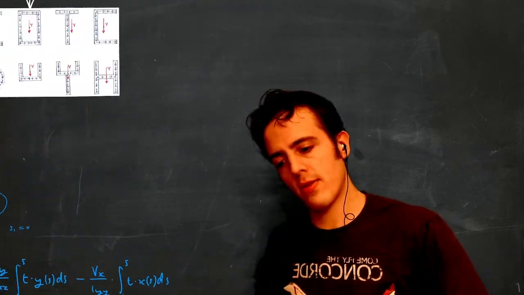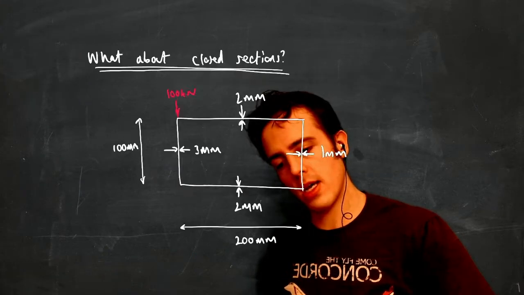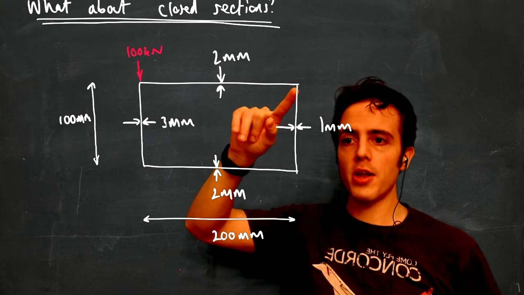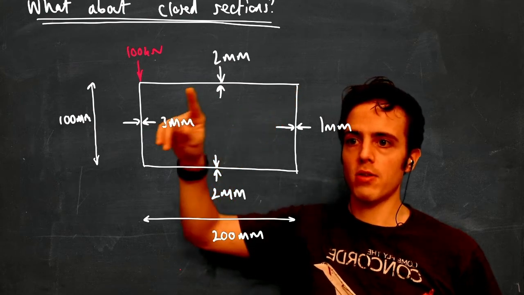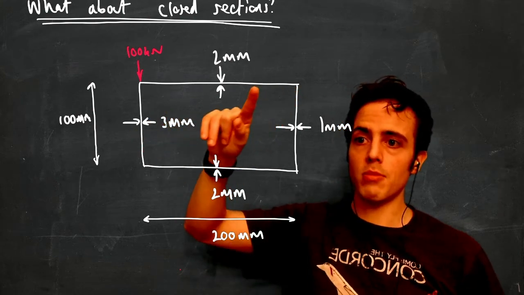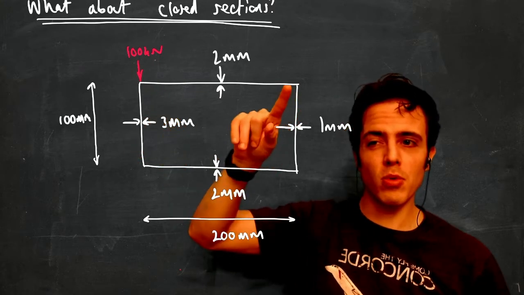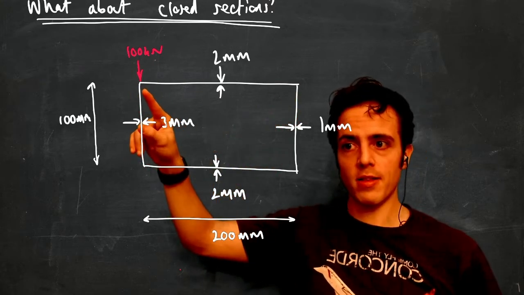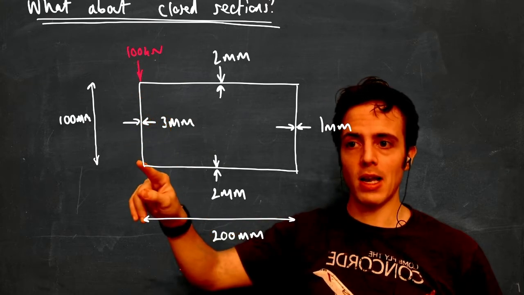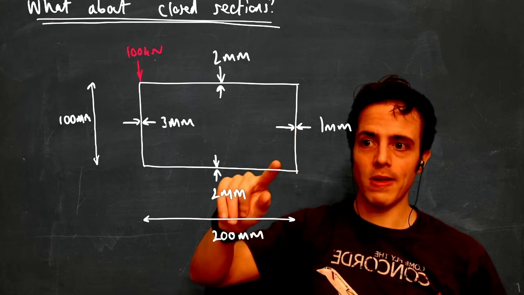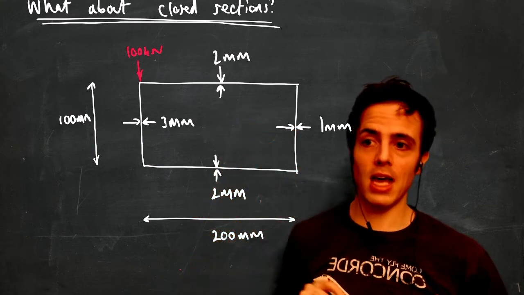So let's go to this one here. If I was to pretend that I knew the starting value of this horizontal member, I could then produce the distribution, and I'd know the end value here. That would give me the starting value here, which means I can calculate the end value, which gives me the starting value here, so I can calculate the end value.